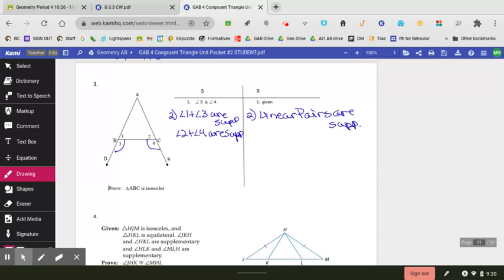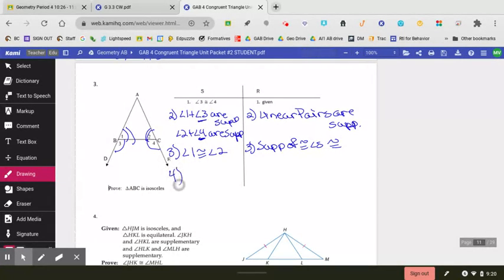So now, knowing those are supplementary, we have to think back to that other theorem. I know that 3 and 4 are congruent, so we learned a theorem that said angle 1 has to be congruent to angle 2 because supplements of congruent angles are congruent. So now I know 1 is congruent to 2.